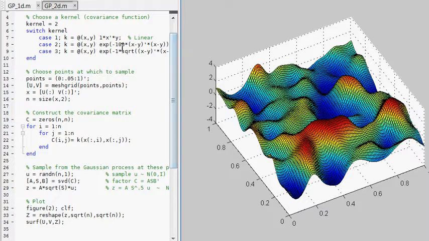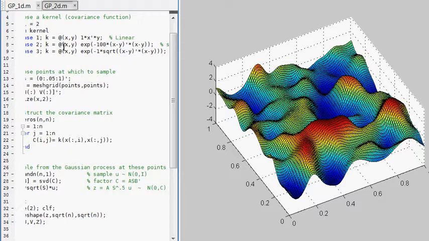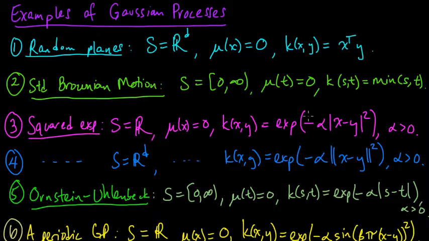By choosing this particular covariance function, this squared exponential, points which are nearby have a small distance, right? And so e to minus that is going to be pretty large because alpha is positive.